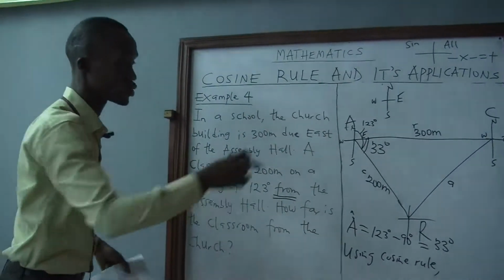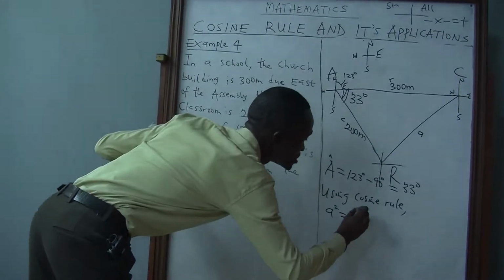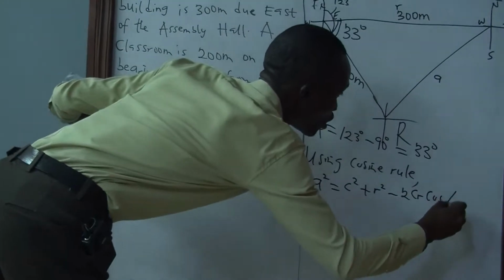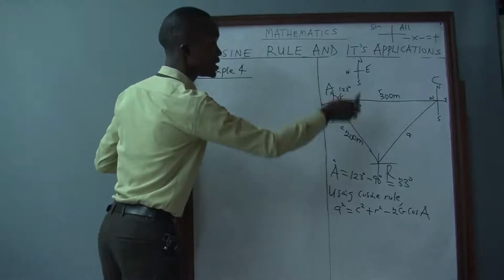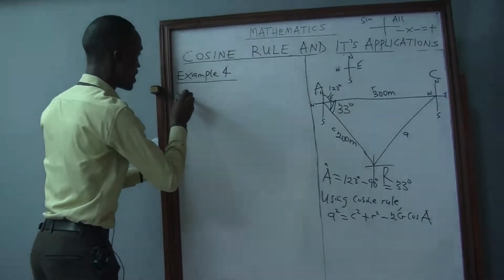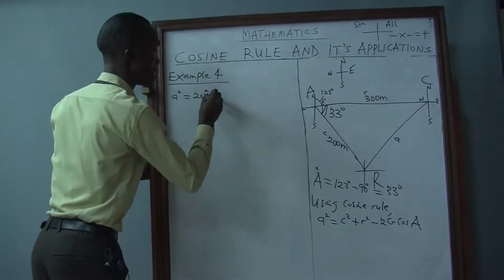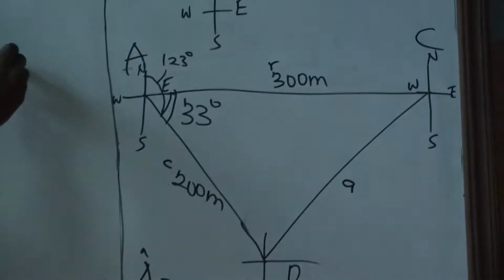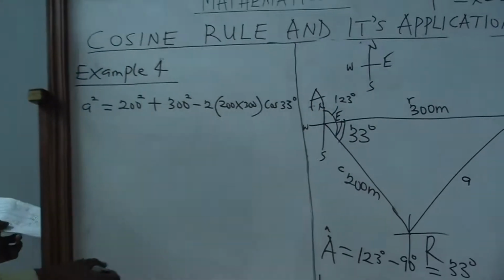So we state our cosine rule: a square is equal to c square plus r square minus 2cr cos A. By substituting the values of c, r and angle A, we have a square equals 200 square plus 300 square minus 2 into 200 multiplied by 300 cos 33 degrees.